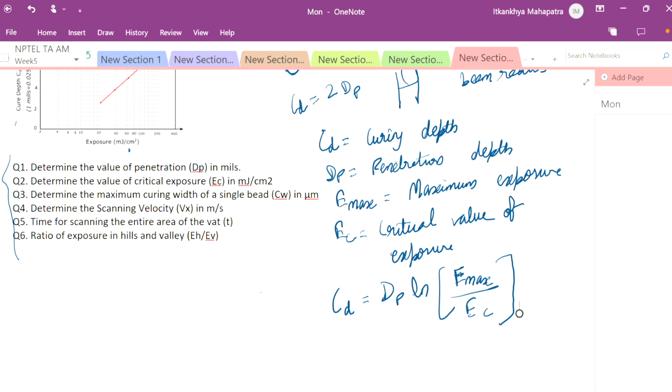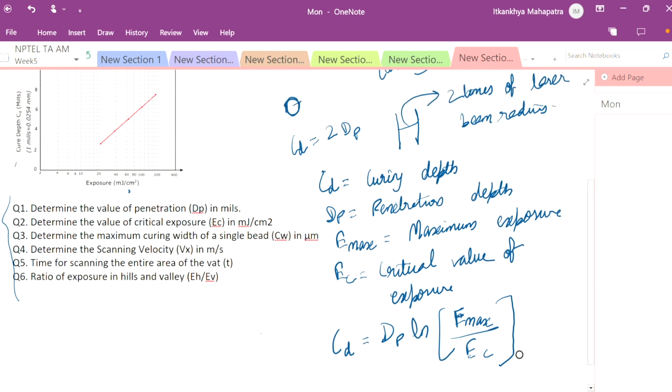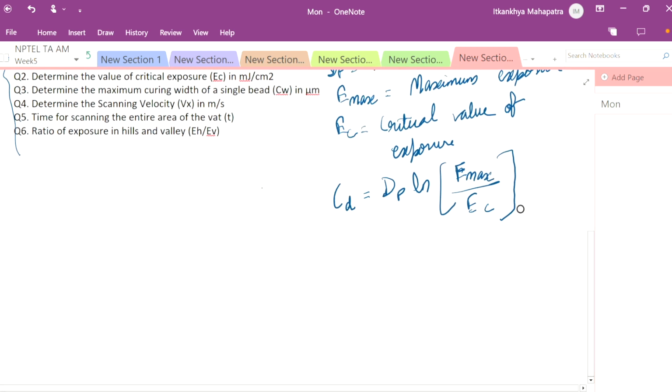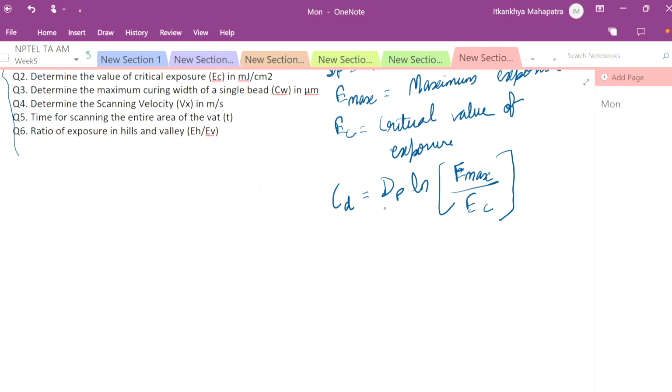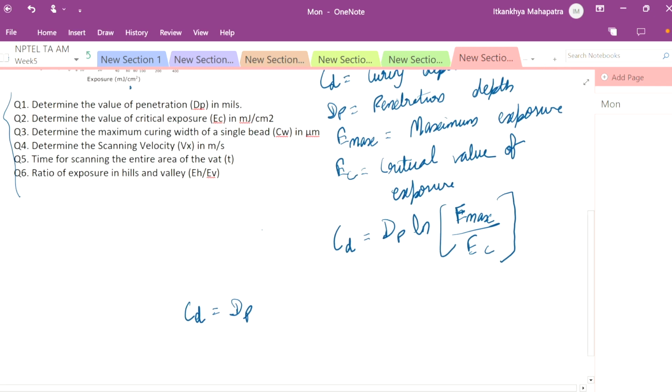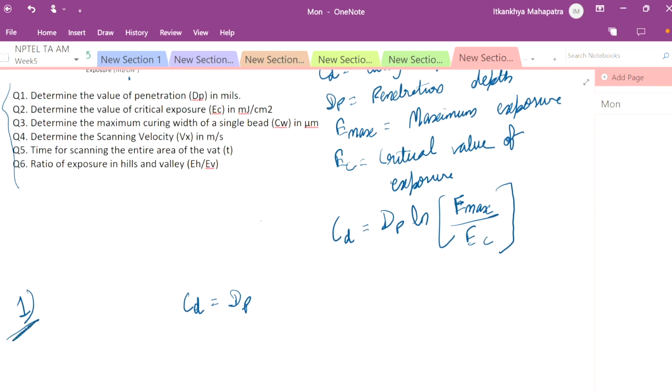Now from this formula, this is the first part which we are solving now. We have to find out the value of penetration depth in mils. So CD is equal to DP ln E max by EC, which becomes ln E max minus ln EC.